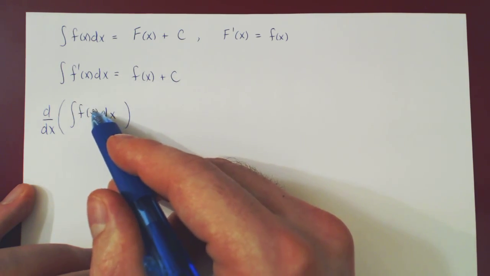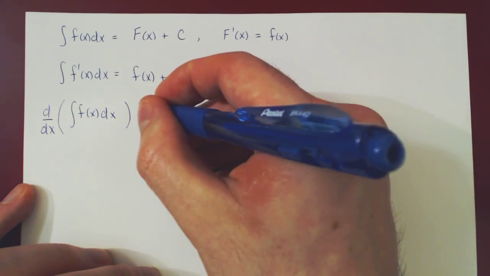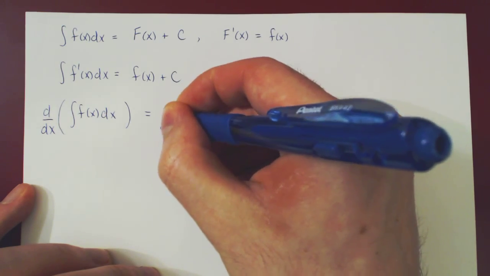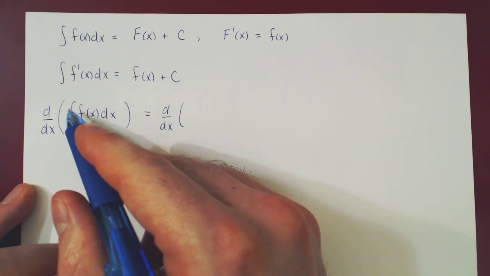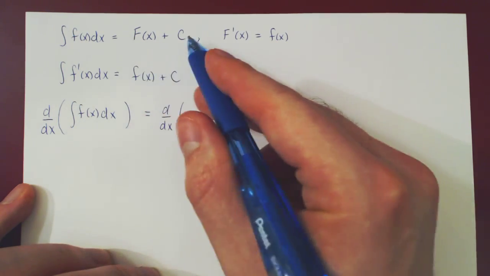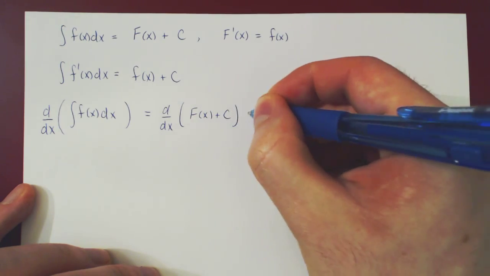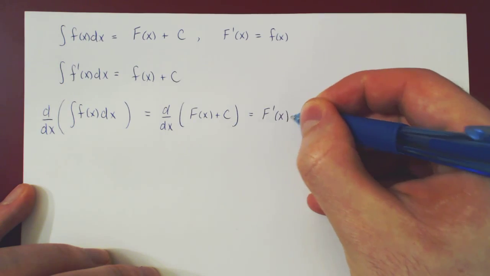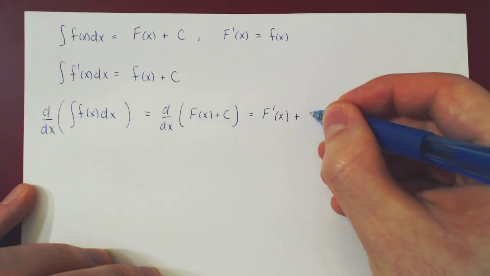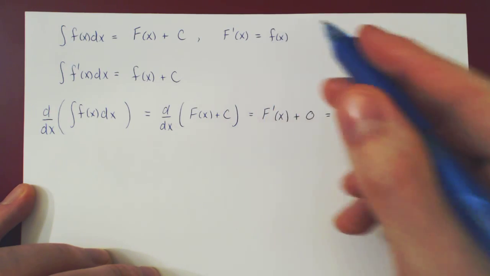Take f of x, integrate it first, then differentiate. Well, what will come out? Well, replace the indefinite integral of f in this form, so uppercase F of x plus c. The derivative of big F is just F prime, plus the derivative of a constant is 0, but F prime of x is lowercase f of x.